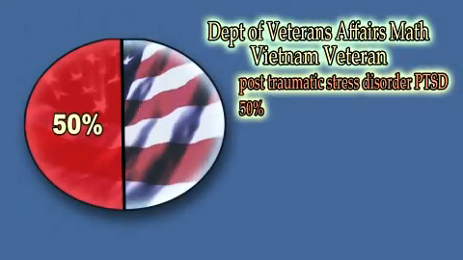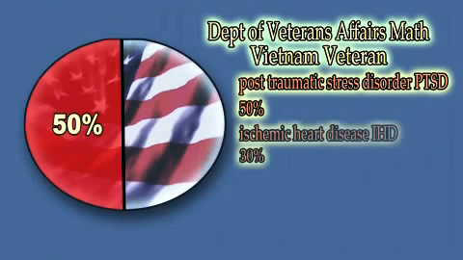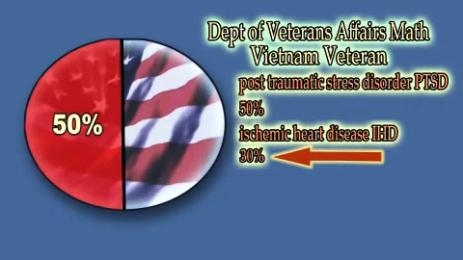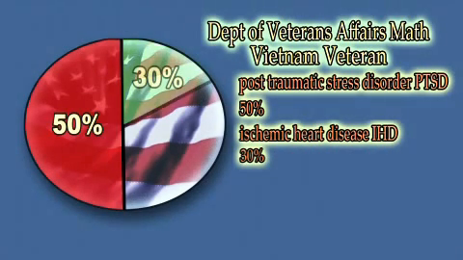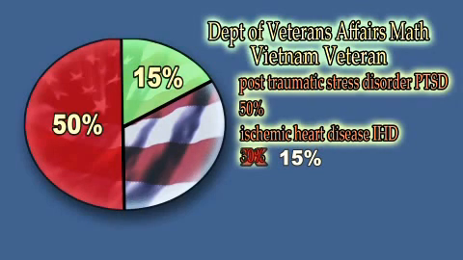The VA goes down to his next disability, which is 30%. Now that is not added, 30 to 50. Instead, the 30% is based upon this remaining portion that is not disabled in theory from PTSD. So 30% of 50 is actually 15%.